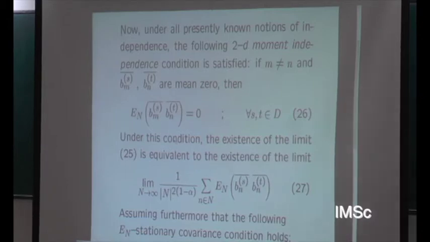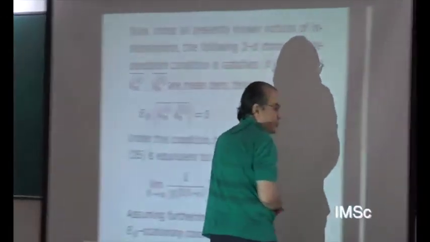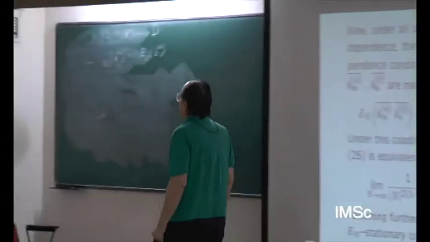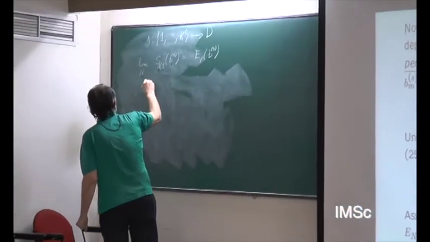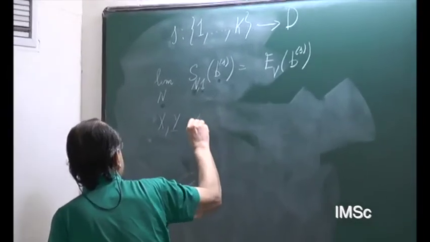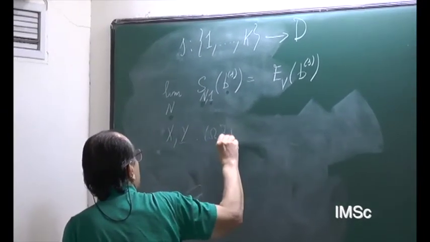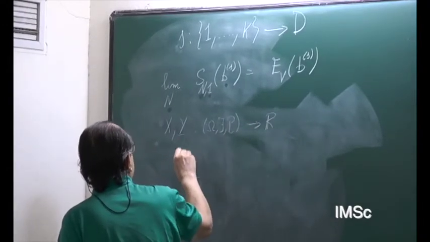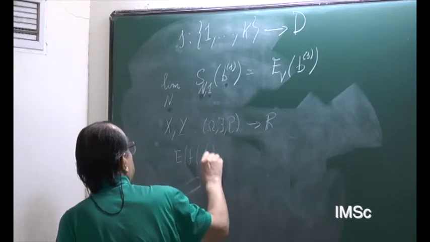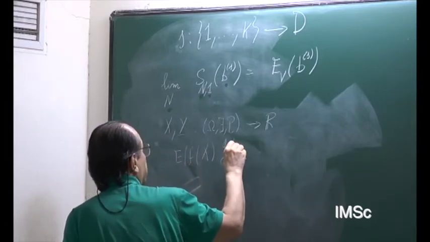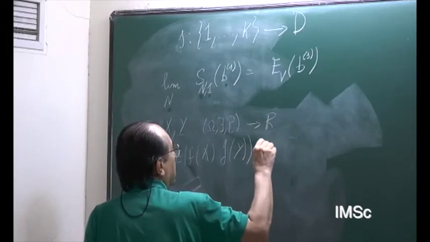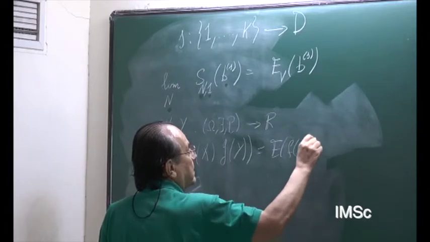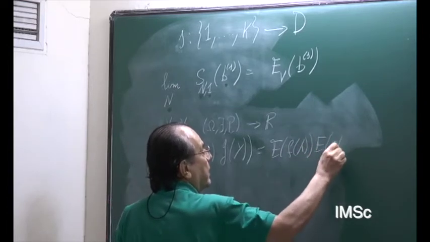You remember that in classical probability theory, the notion of independence is well known, and if you have two random variables, x and y, defined on the same probability space, say, for example, real valued, they are independent if the expectation of f(x) times g(y) is equal to the expectation of f(x) times the expectation of g(y).